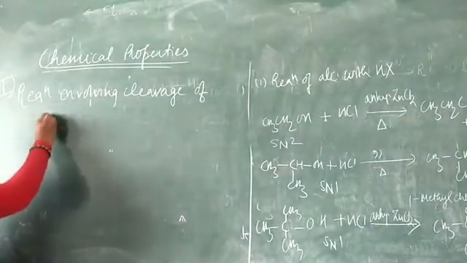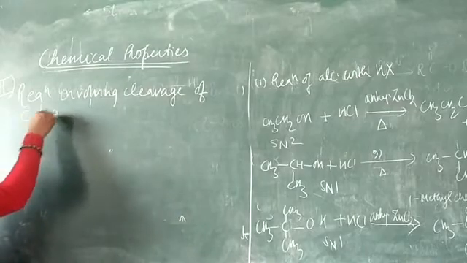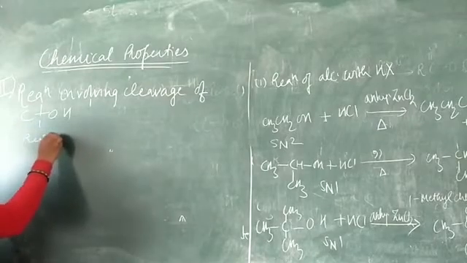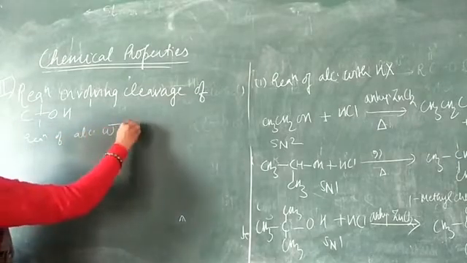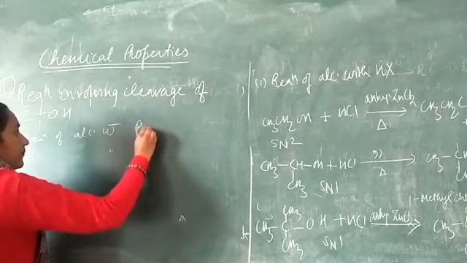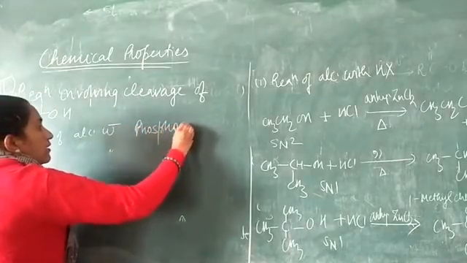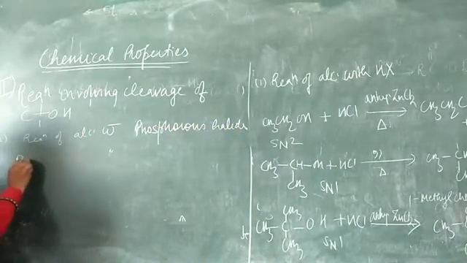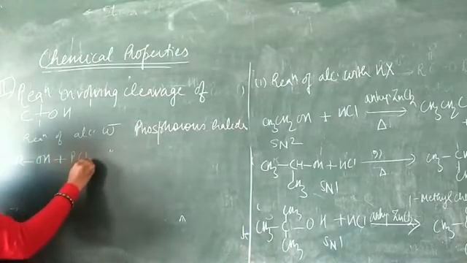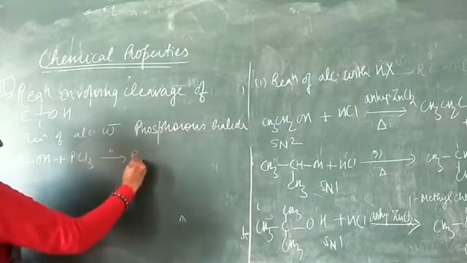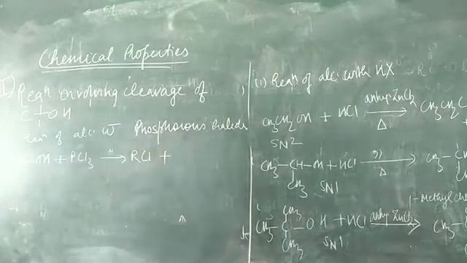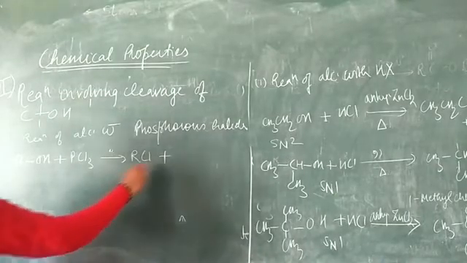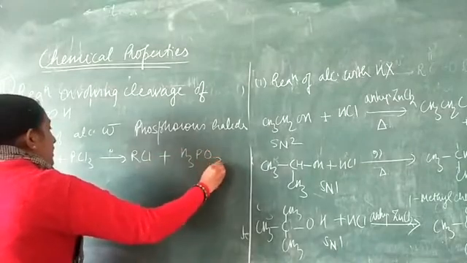Similarly, students, we have another reaction involving alcohol with phosphorus halide. If you remember, ROH plus PCl3 will give RCl, and H3PO3 will be formed.